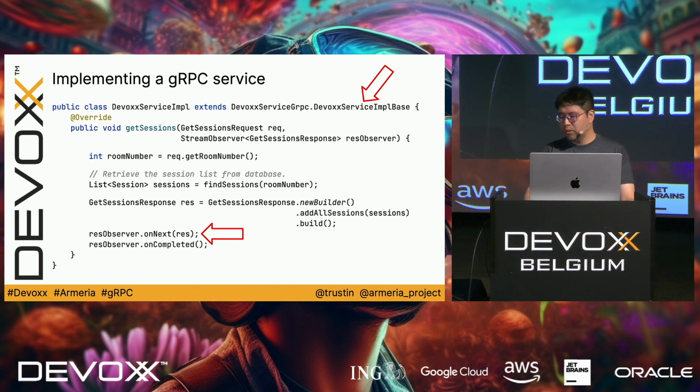And also, another interesting fact is that this onComplete call, this is because a gRPC protocol actually allows you to stream multiple response objects depending on how you define your service schema. But in our case, our call is a single request and single response call, which is called unary RPC. So we just call onNext just once and then call onComplete.